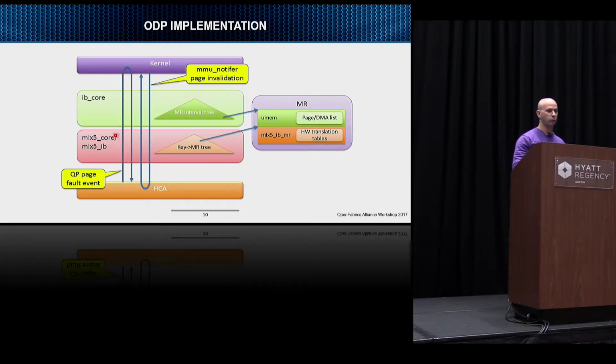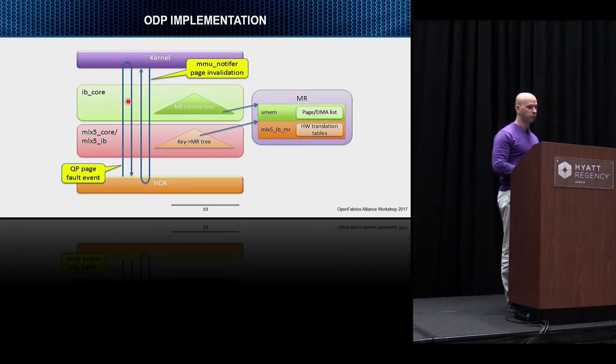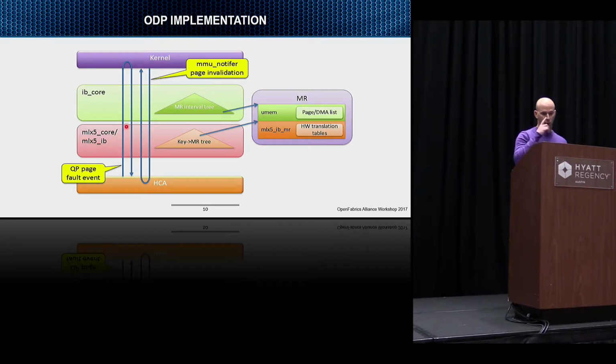And what the driver is going to do is it's going to translate the details of the interrupt cause into a memory region and offset into that memory region. And then it's going to request the InfiniBand core to fill in the missing pages. And once we get the DMA addresses back, then we feed it to the device and we tell it to resume the transport operation.